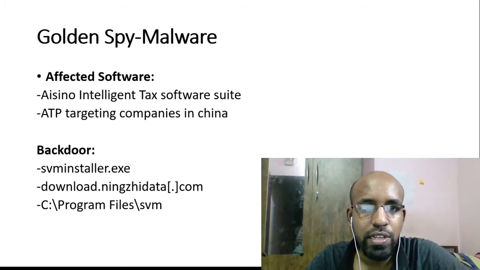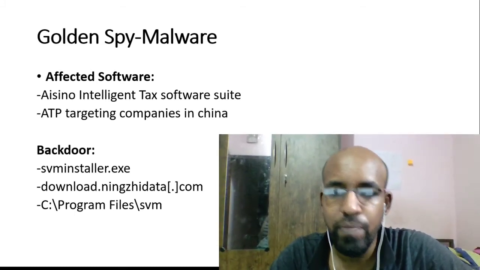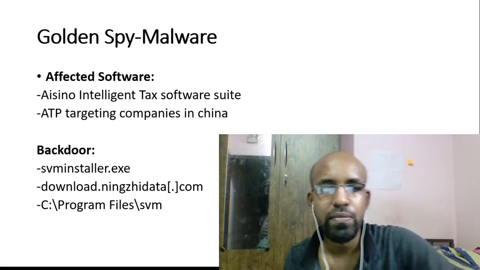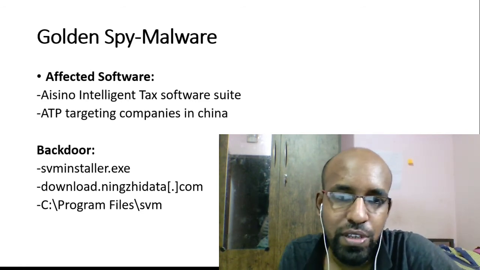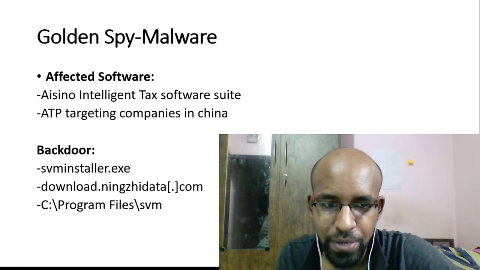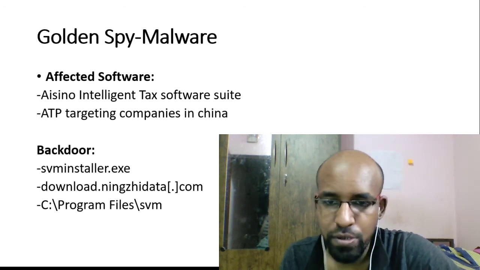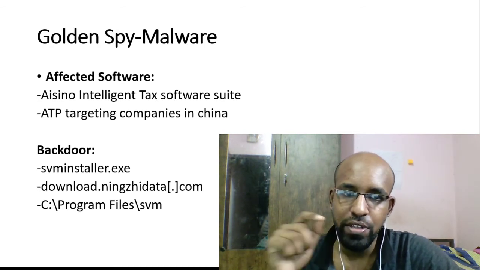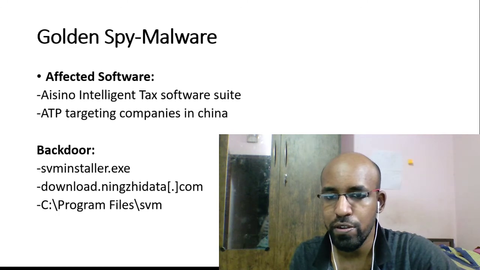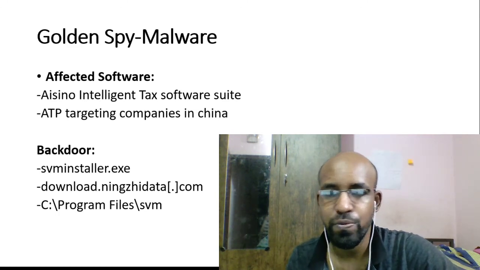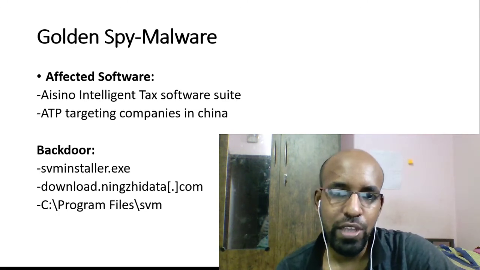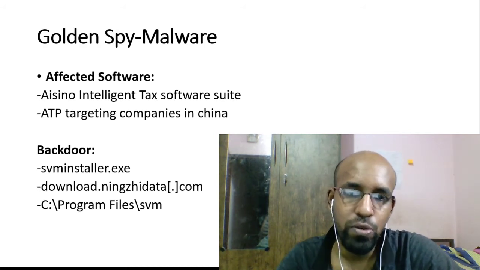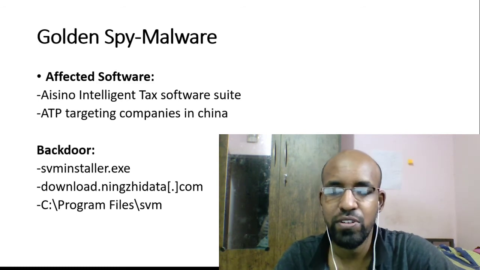What they are telling is that whenever you install this application, in the background some plugin.exe is installing this svm installer.exe. It creates a folder in Program Files called svm, and in that svm folder this particular malware, or the backdoor, resides. Then it tries to connect to this download domain.